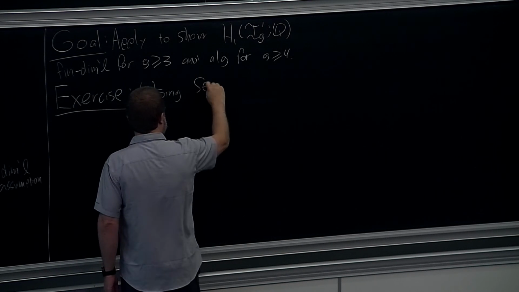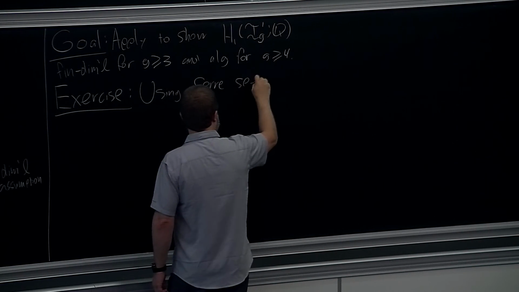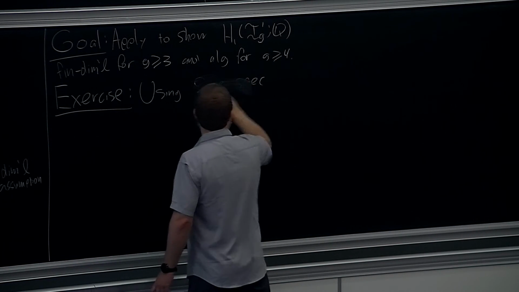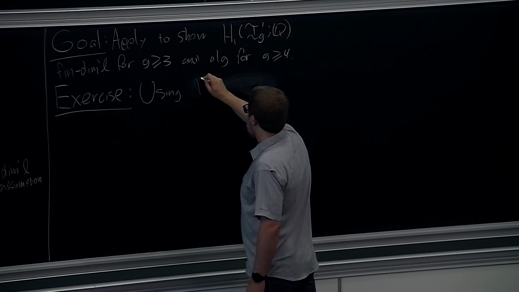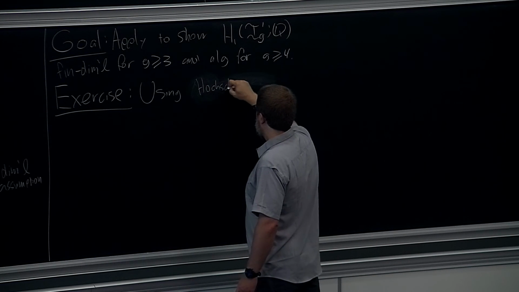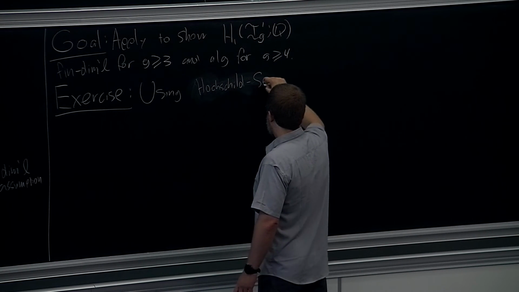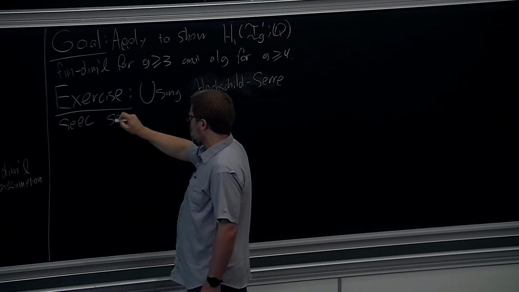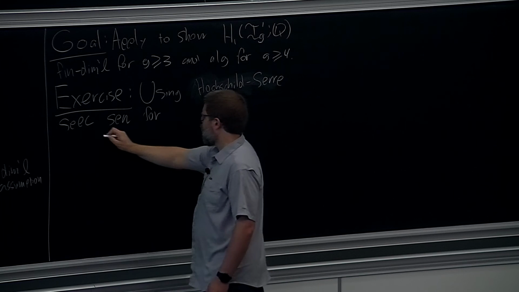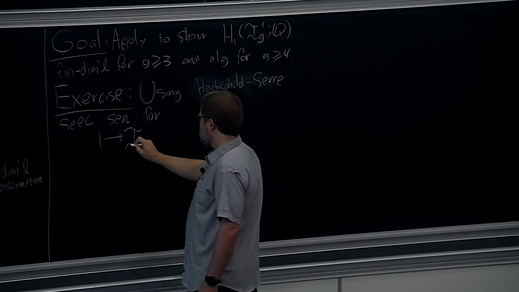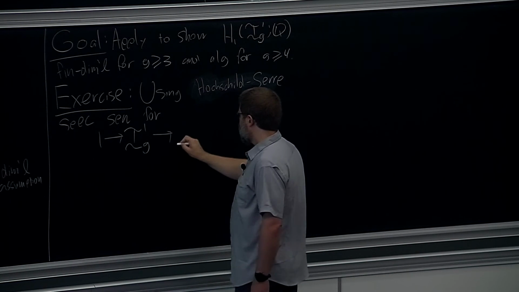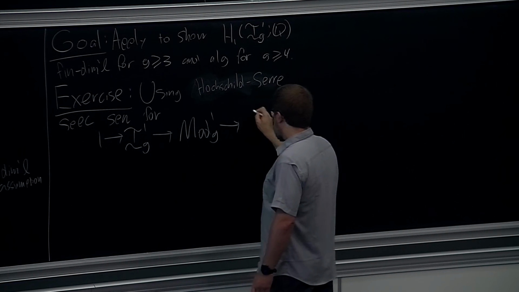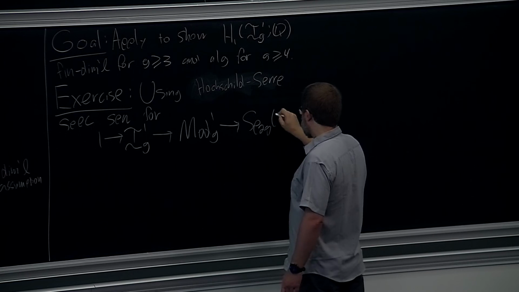Consider the Hochschild-Serre spectral sequence for the sequence 1 goes to Torelli g,1 goes to Mod g,1 goes to the symplectic group.